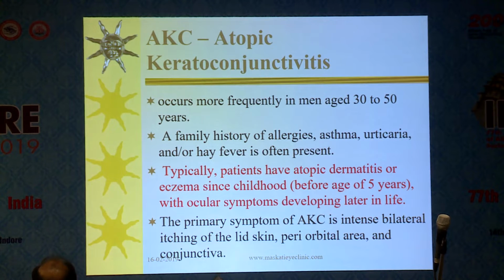Atopic keratoconjunctivitis occurs more frequently in men aged 30 to 50 years, and there is a family history of allergies, asthma, urticaria, and others. Typically in Japan, they found that atopic dermatitis or eczema starts in childhood, and the ocular symptoms develop later on. And the primary symptom of AKC is intense bilateral itching of the lid skin, so everything itches around the eye.